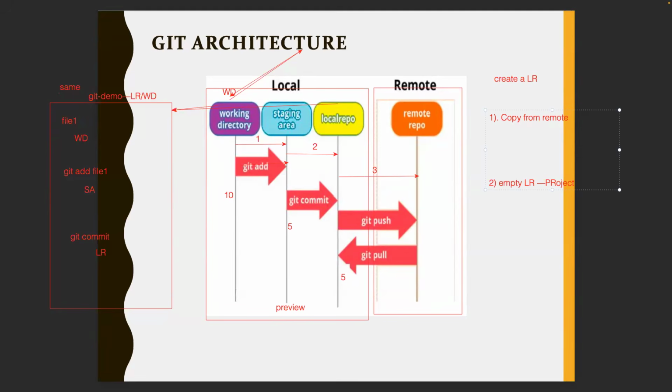So a local repository can be created by copying from remote if it is already there. If there is no remote repo, it can be an empty local repository created. These are the two use cases. I'll cover both of them. Today we'll get started with the second use case first, and later on we'll come to the first use case.